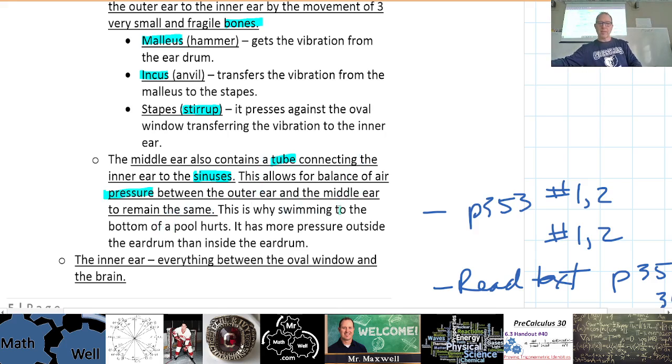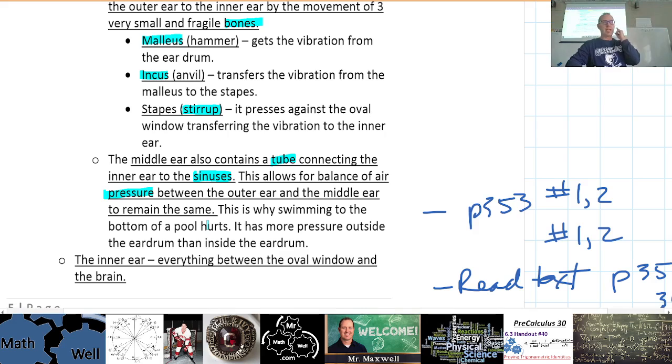This is why swimming to the bottom of a pool hurts your inner ear. You feel that pressure. Or if you're driving down into a valley, there's more outside air pressure piling up on top of you and you feel that pressure. Or if you're ascending very quickly in an airplane, there's a change in pressure.